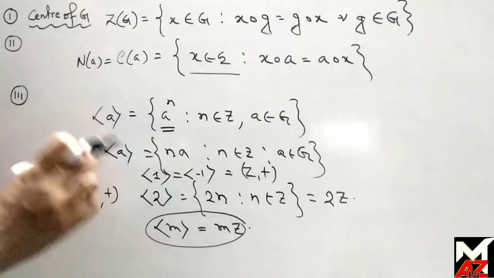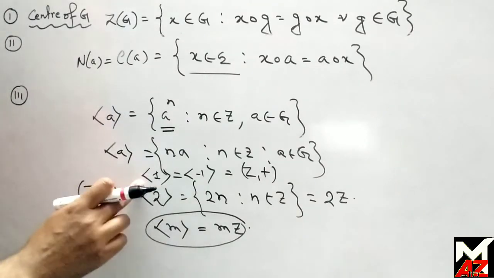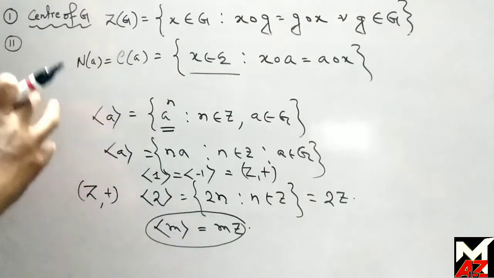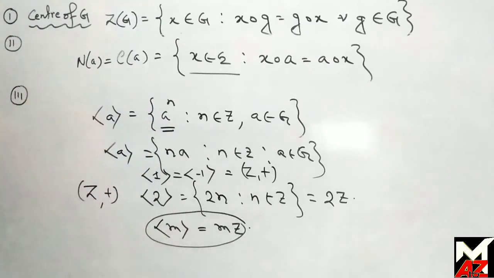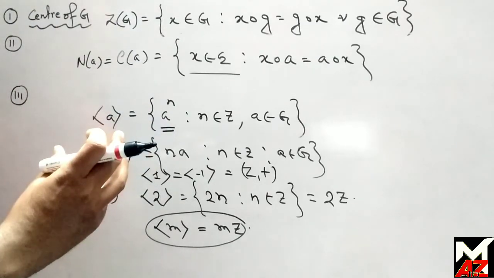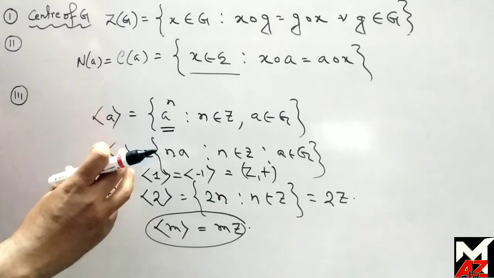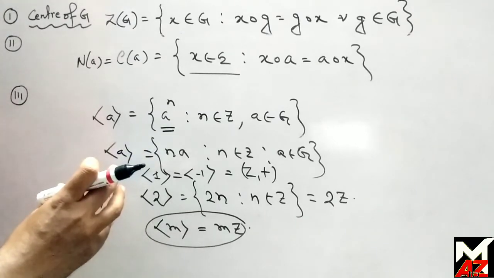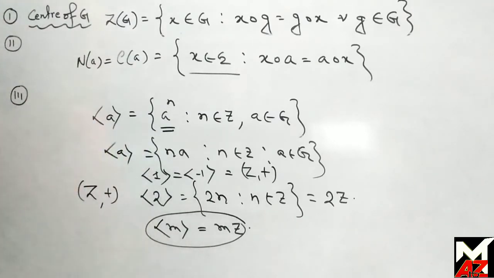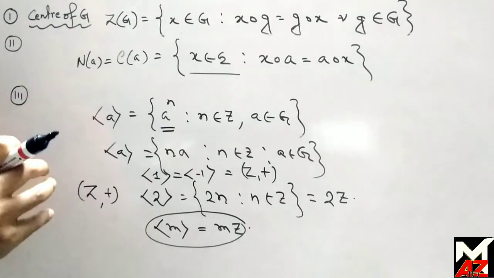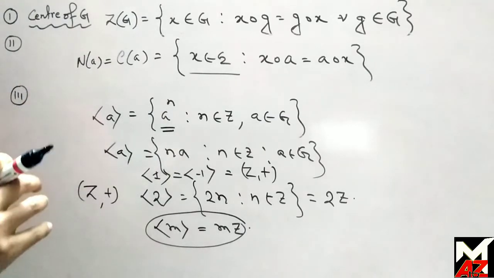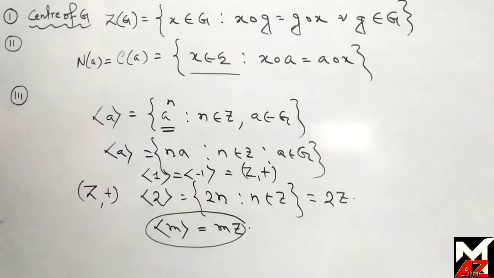If there exists this type of element which generates the whole group, this element is called the generator of the group, and the group is then called a cyclic group. We will discuss the cyclic group in the next class.